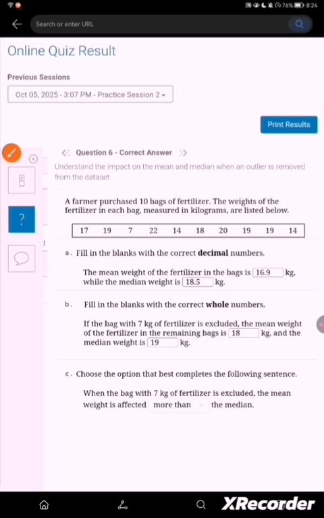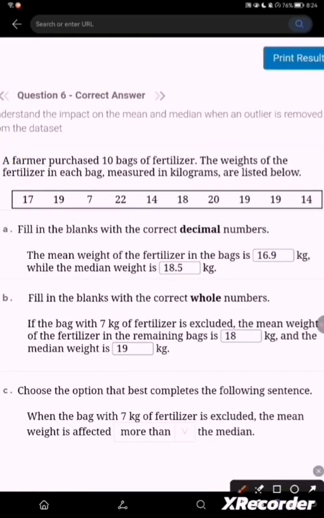Okay. Now for part C, when the bag with 7 kilograms of fertilizer is excluded, the mean weight is affected more than the median. Okay? If you look over here, first of all, look at the mean weight with the 7 kg bag and look at the mean weight without the 7 kg bag.